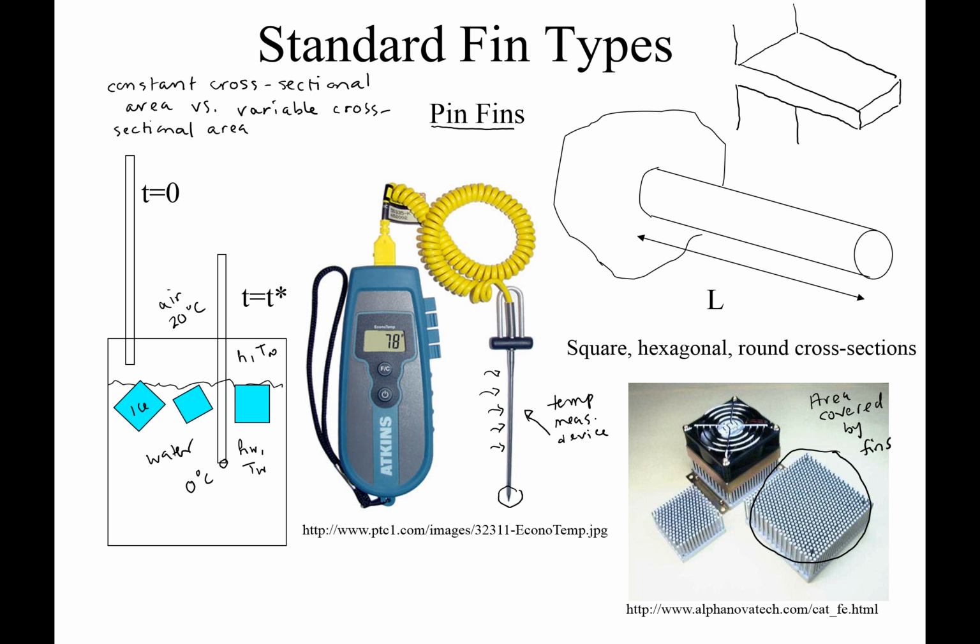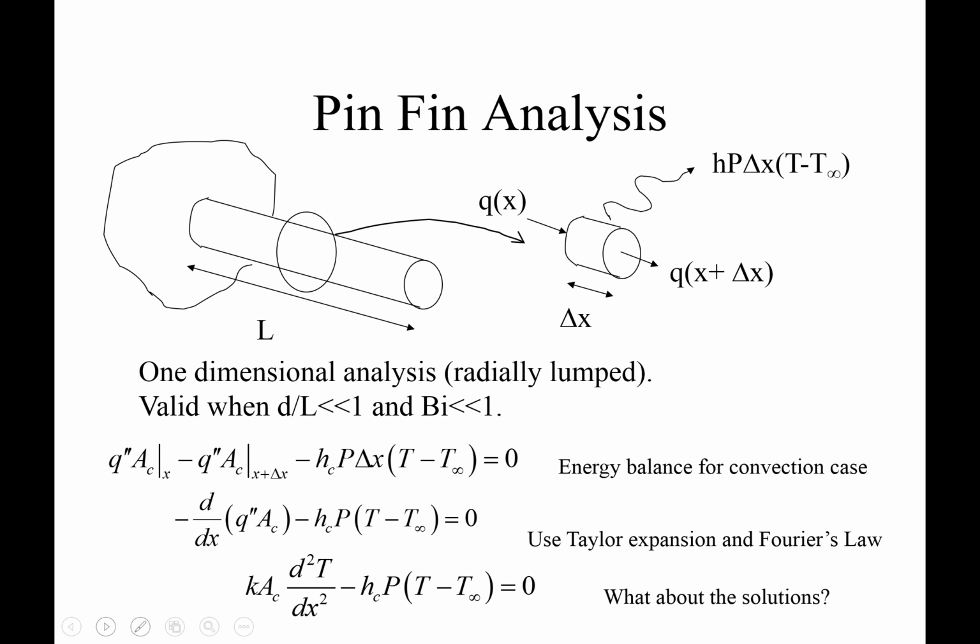A problem that I think is sort of interesting is one in which the fin analysis is being used for a problem where we're not explicitly trying to change the heat transfer area, but we're simply trying to understand how a slender rod might impact heat transfer processes. And that will come shortly. But to do all of this, let's again start talking about what is required for the fin approximation and these fin analyses.